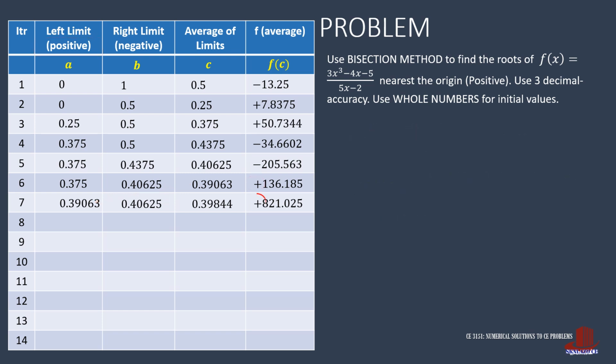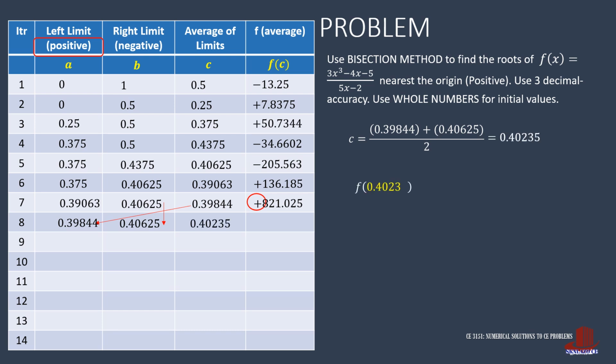Persisting on the iteration, we use positive 821.025 as a signal that c should replace a, and b remains the same. The average of a and b is then computed as 0.40235, where the function becomes 3 times of 0.40235 cubed minus 4 times of 0.40235 minus 5.